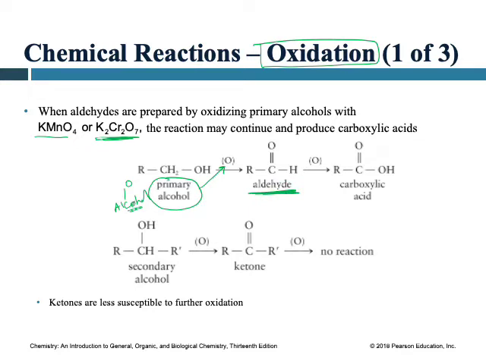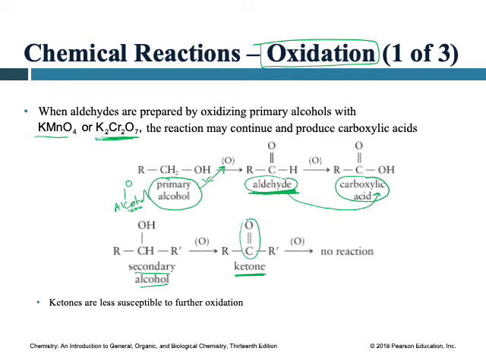Even though this reaction doesn't stop at the aldehyde stage, it just keeps on going and produces carboxylic acid at the end. But if somebody asks you what's the oxidation product and how you're going to make an aldehyde, it is from the primary alcohol always, right? Similarly, how are you going to make a ketone? If you remember, when you oxidize a secondary alcohol, you make a ketone, right?